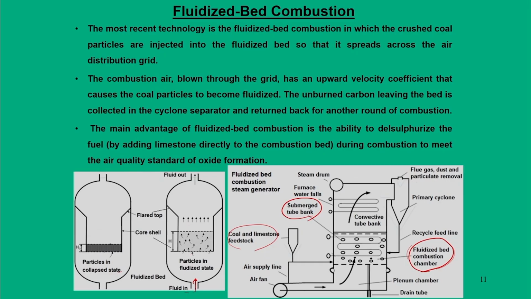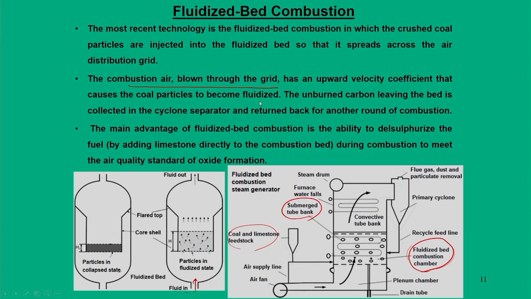Basically, due to the density difference between air and this fluidized bed and the gas particles, the necessary pressure difference is created. To have a more efficient way of burning, combustion air is blown through some grids, and it adds an upward velocity that causes the particles to become fluidized.